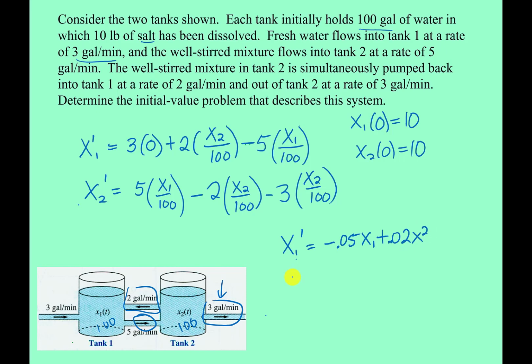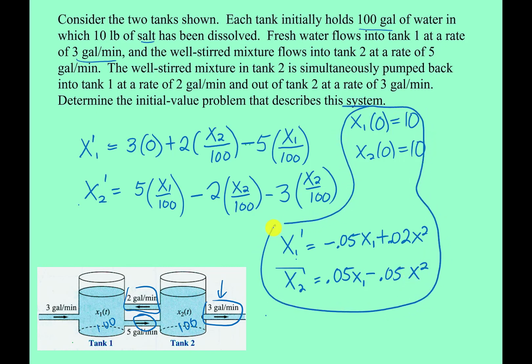So there's our first equation. Our second equation, we have 0.05 x1. These are like terms, so I can combine them and get minus 0.05 x2. So these, along with our initial values, are the model for our tank problem.